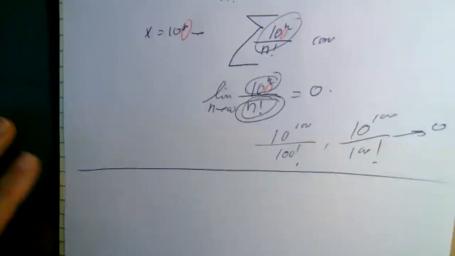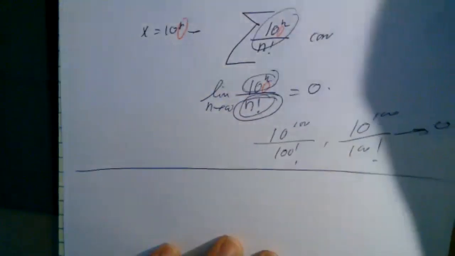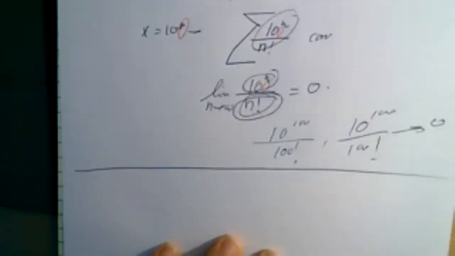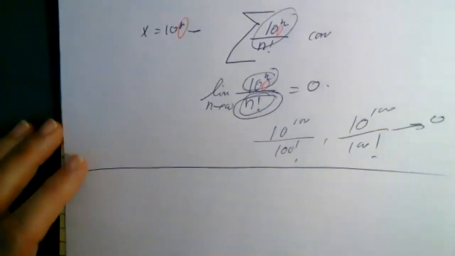Now we're going to take up the same idea, but we're going to talk about something called power series in x minus a. Power series in x minus a is actually the same thing as power series in x, but instead of having x, we have a quantity x minus a.